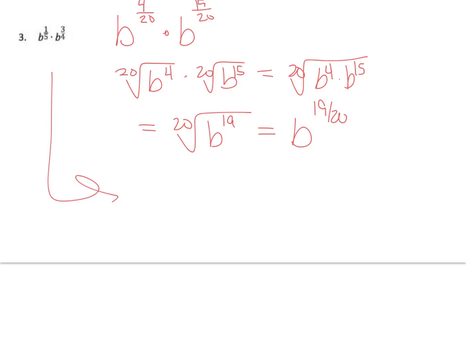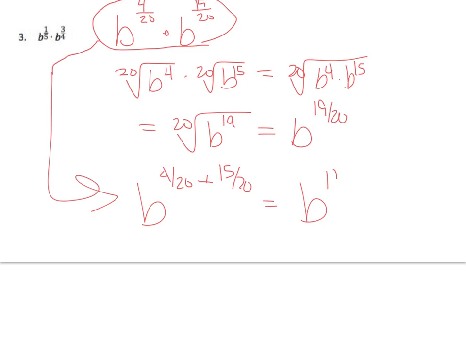Okay? Or go directly here. Actually, I'm going to go directly from here since I don't want to do that work again. B to the 4, 20 plus 15, 20 gives me 19, 20.